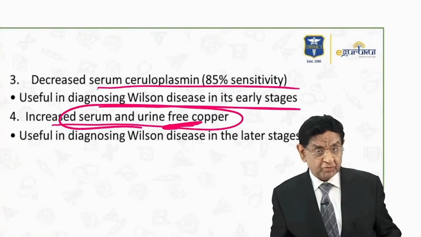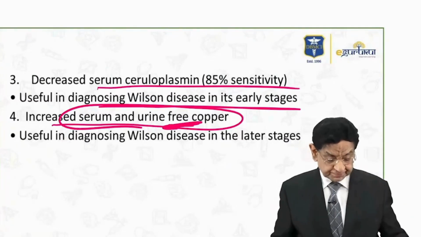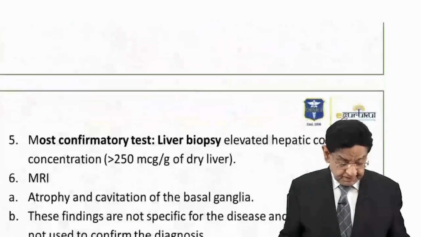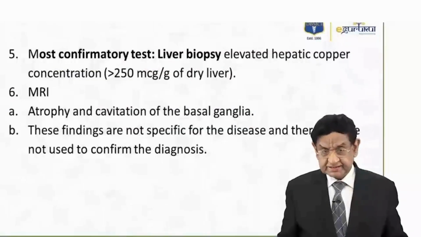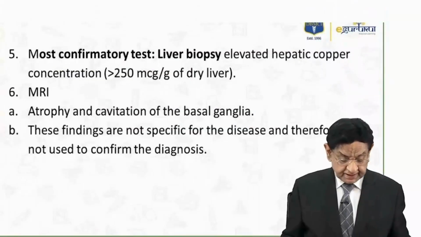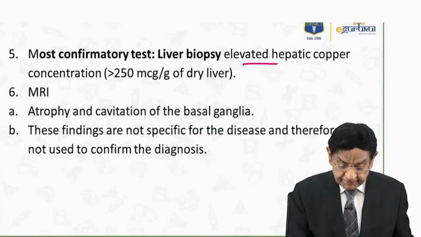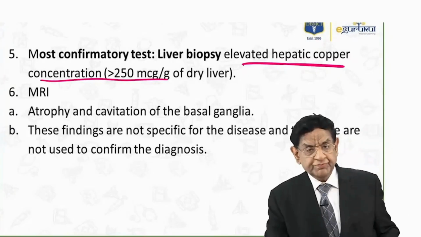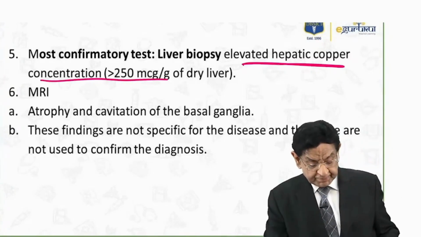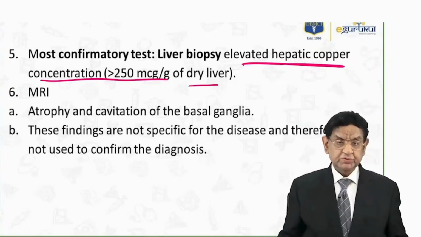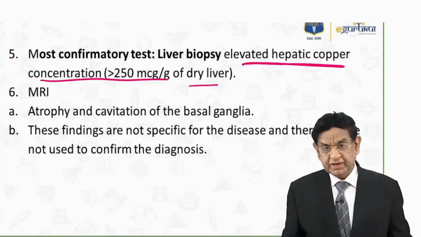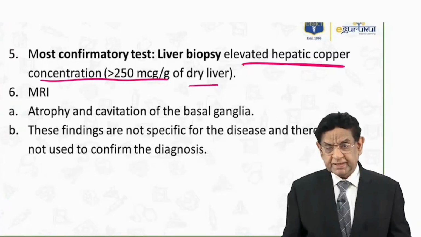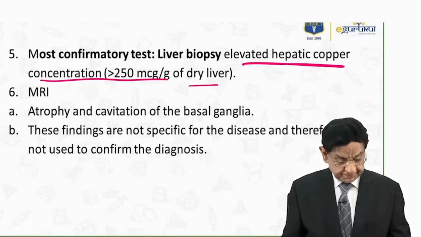Ceruloplasmin is a bound form, point to be noted. But the most accurate is liver biopsy, where you can see elevated hepatic copper concentration, more than 250 microgram per gram of dry liver. So finally, to confirm, you want to see the copper in the liver biopsy.